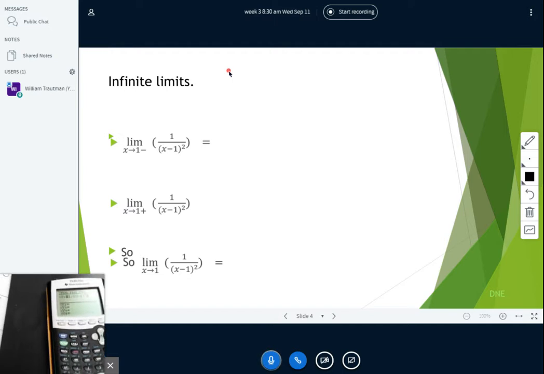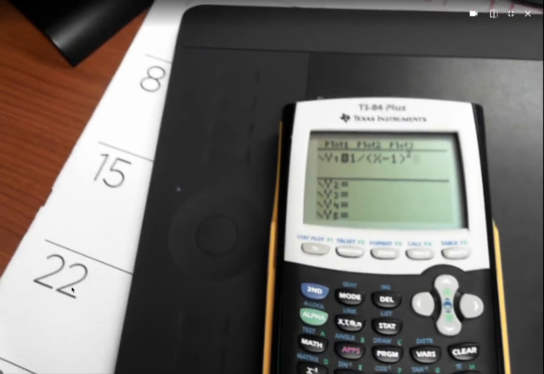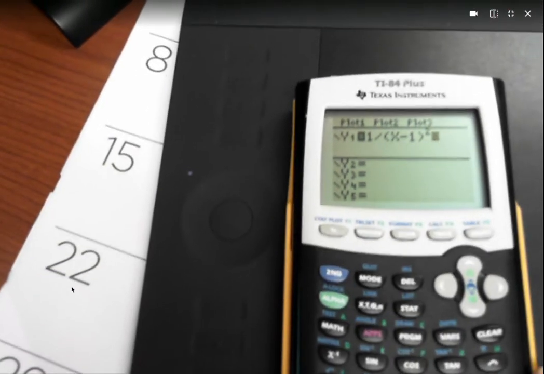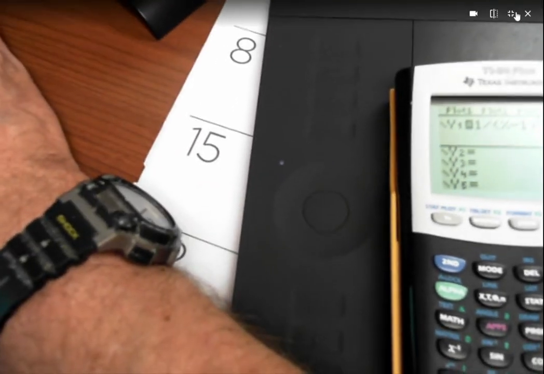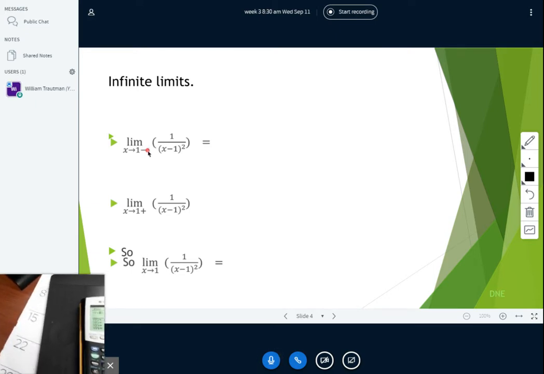So I'm plugging this into my TI-84. And I want to get really close. Once again, the limit approaches 1, and we're going to start from the left.